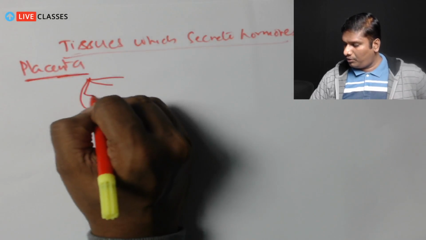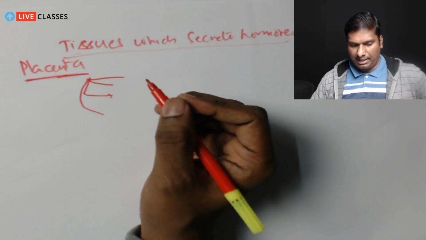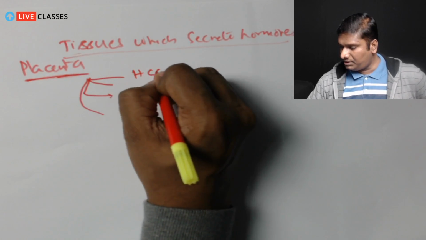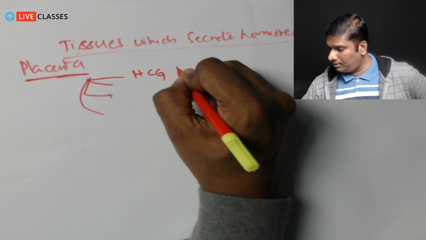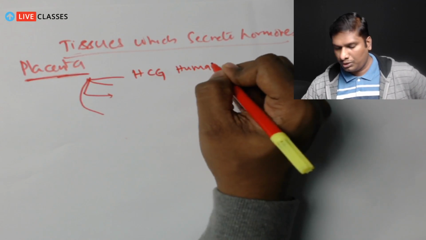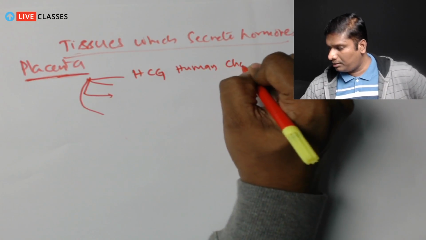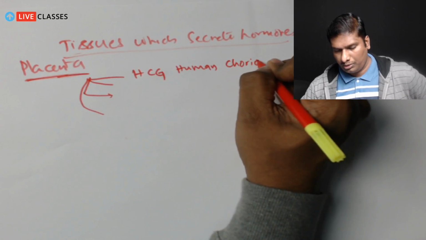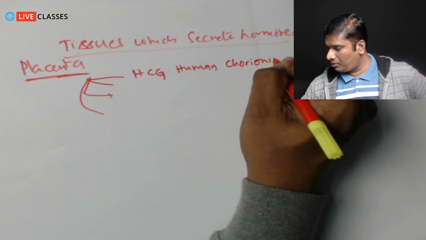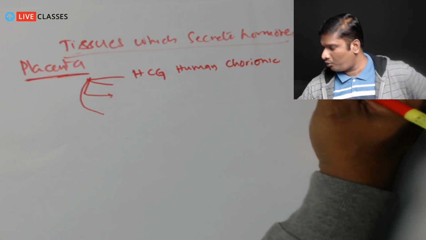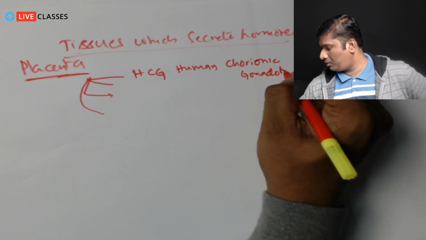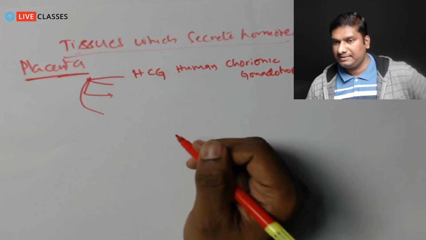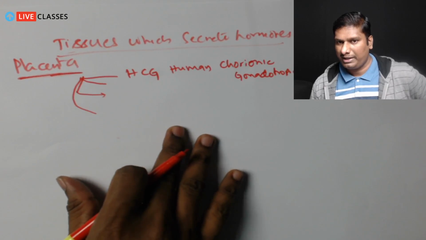The 4 hormones which are produced by the placenta are HCG, human chorionic gonadotropin. You have this HCG, human chorionic gonadotropin.